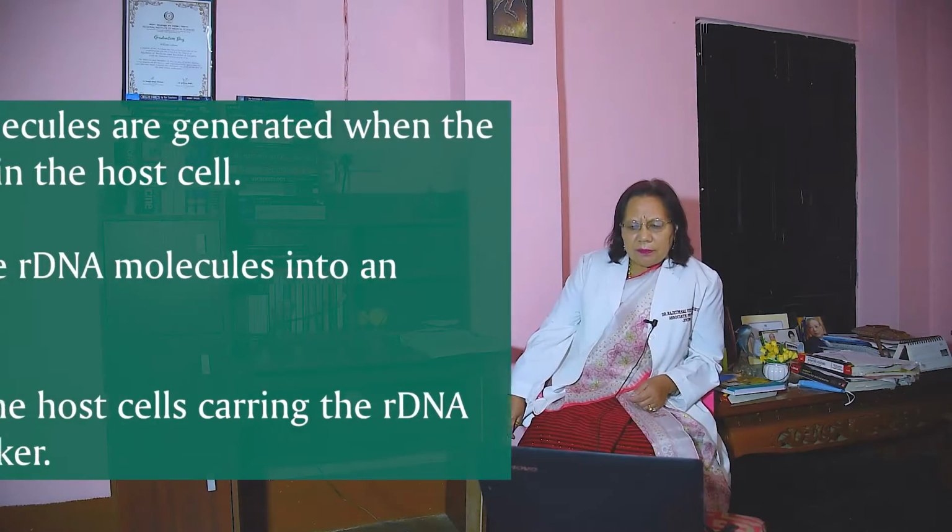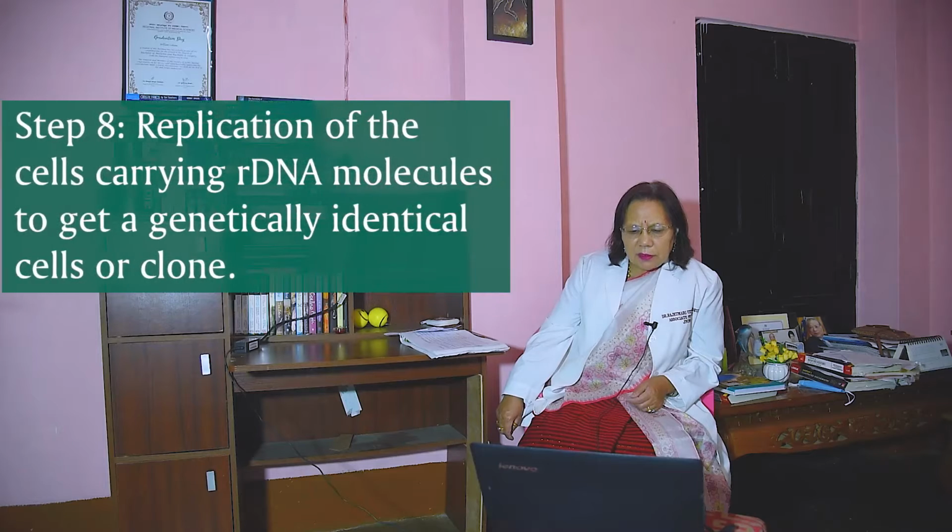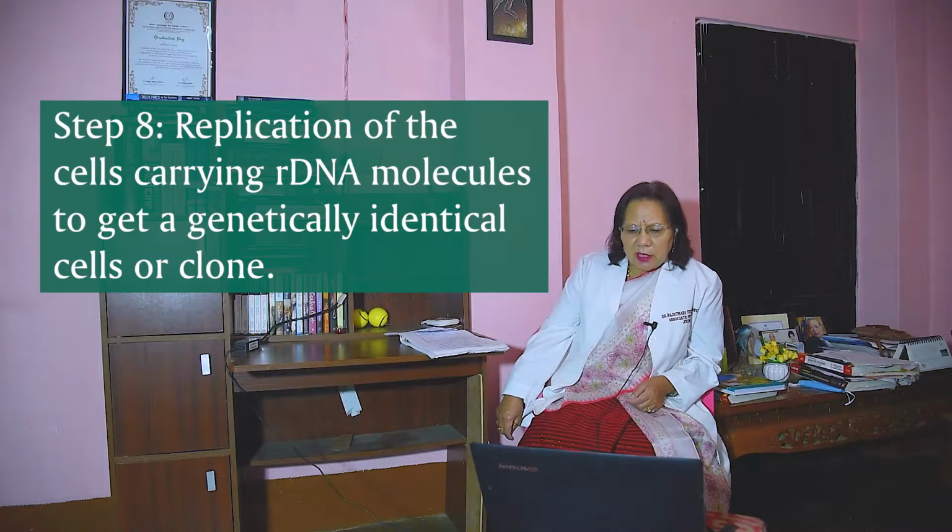In step 5, the recombinant DNA molecules are generated when the vector replicates in the host cell. The sixth step, transfer of the recombinant DNA molecules into an appropriate host cell. Seventh step, selection of the host cell carrying the recombinant DNA molecule using a marker. And eighth step, replication of the cells carrying recombinant DNA molecules to get genetically identical cells, or a clone.